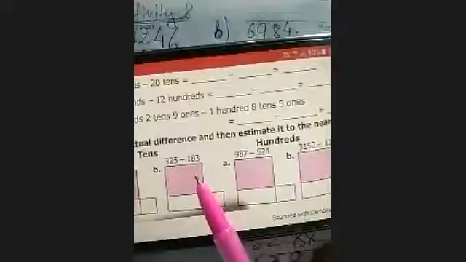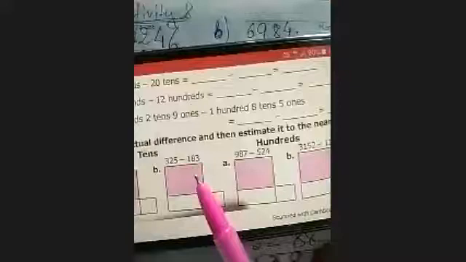Okay. See, children, you have to estimate it. First one is to nearest 10 and the second one to nearest 100. Mute yourself now, beta. See, on subtracting, what we have got, I have solved here. This is question number B, 325 minus 183.